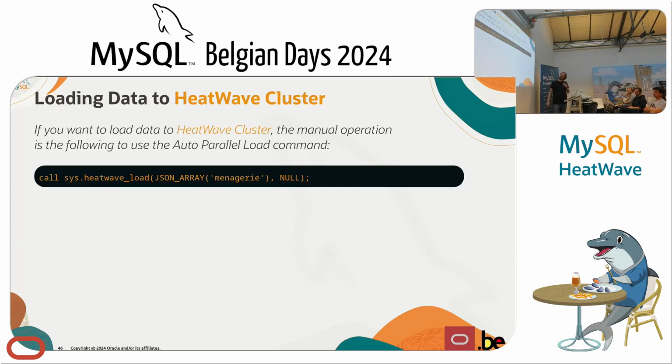Something also, when you use HeatWave cluster, I don't know if you have already used it, and you saw it in the previous session too, a lot of stuff is done by sys functions or sys calls, like this one, HeatWave load, to load. Earlier I dumped and loaded the menagerie database schema.